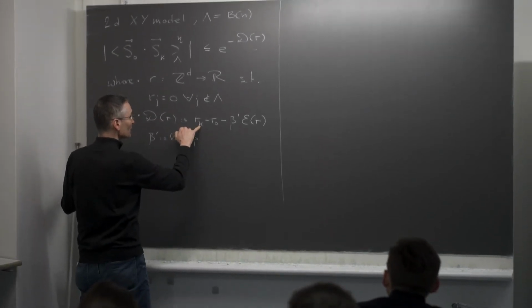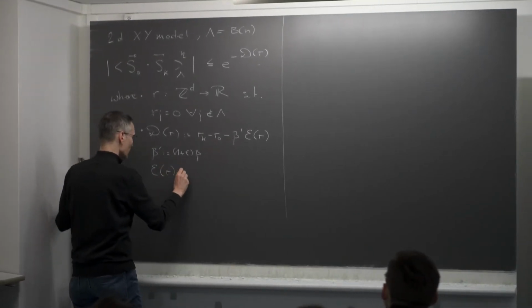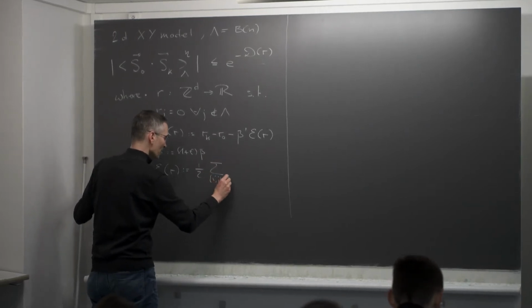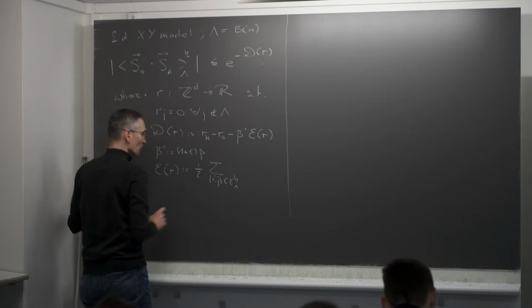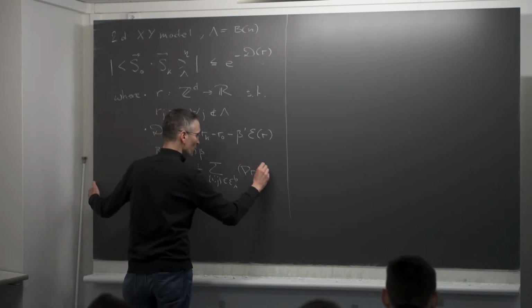And this energy, let me maybe recall it. So this was defined as 1/2 sum over all edges ij intersecting the box, gradient R ij squared.